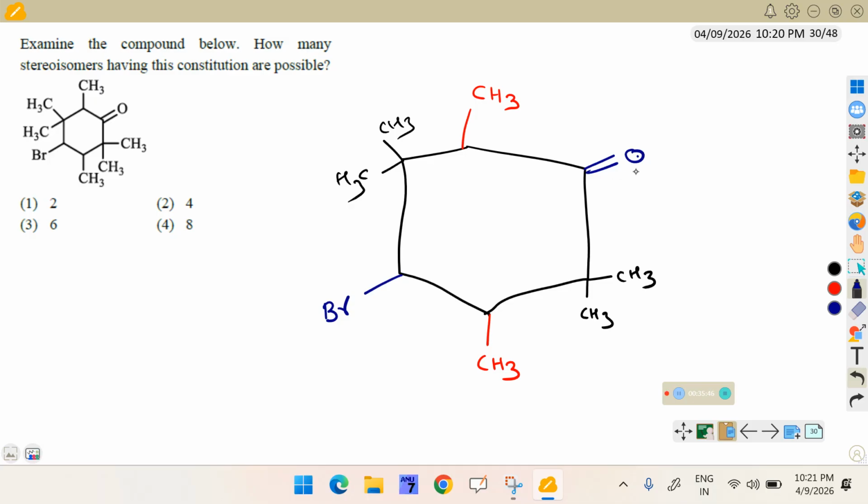First of all, the C double bond O does not give geometrical isomerism. This is a chiral carbon atom. This is a chiral carbon atom. This is also a chiral carbon atom. The total number of chiral carbon atoms is equal to 3. So 2 cube is 8. The total number of stereoisomers is 2 power n, 2 cube, 8.